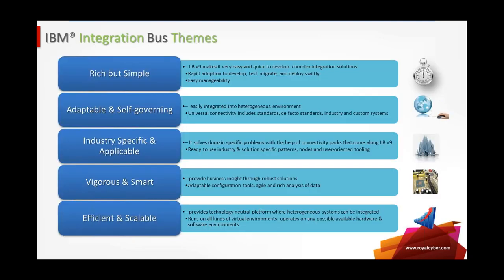Now let's move to the next slide, where we will talk about the different IBM integration themes. Here we will talk about the different features or capabilities which IIB 9 is providing. The first theme which I would like to take is rich but simple.